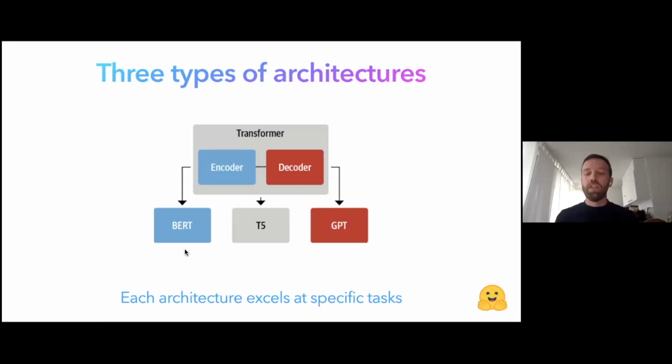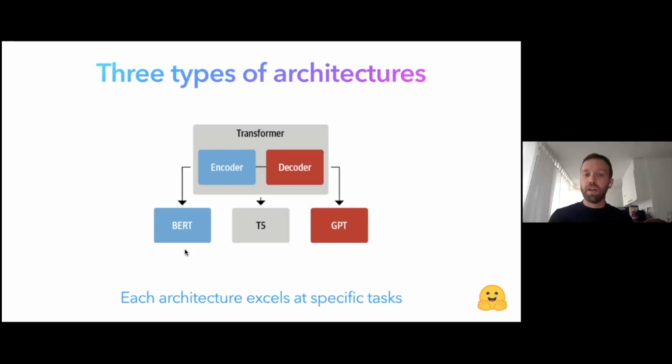And the GPT models, they're just good at continuing text essentially. And for that, you can only use a decoder. But also the transformer itself is still really popular. And one prominent architecture that uses the full encoder decoder stack is called T5.